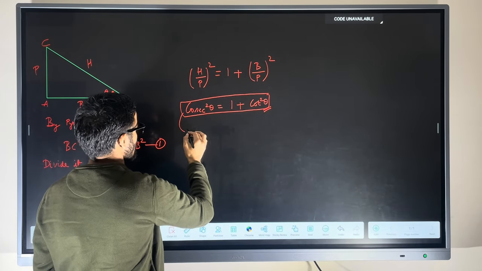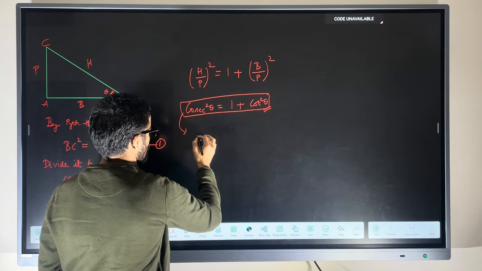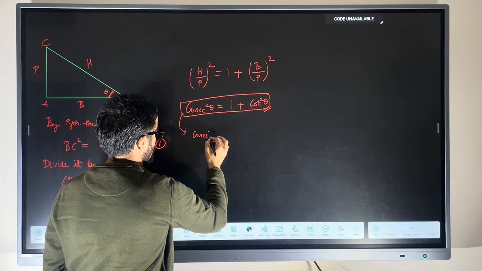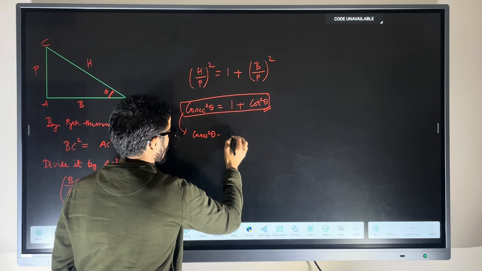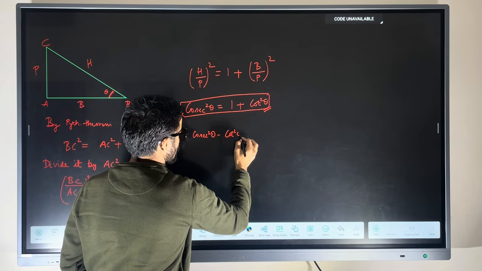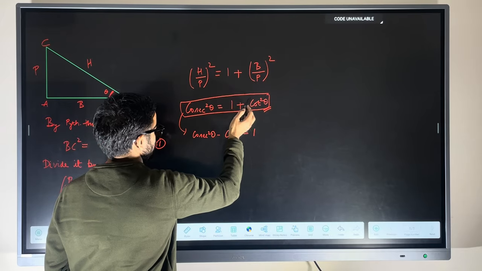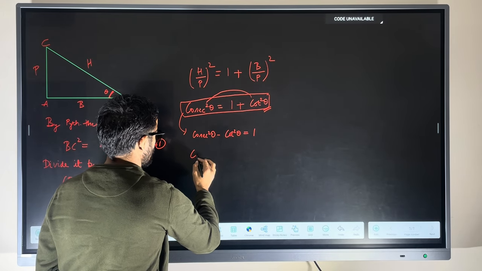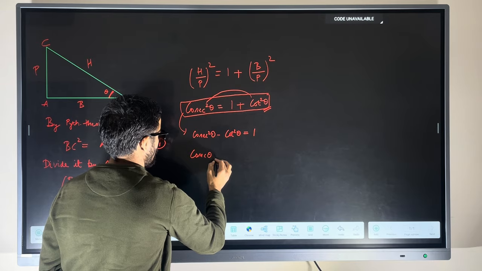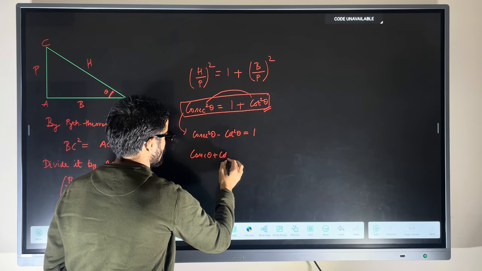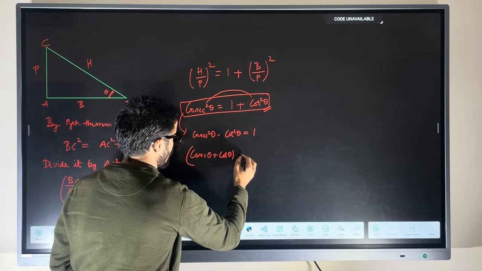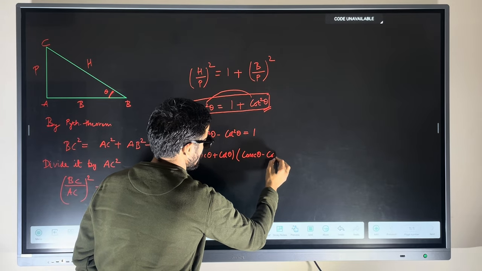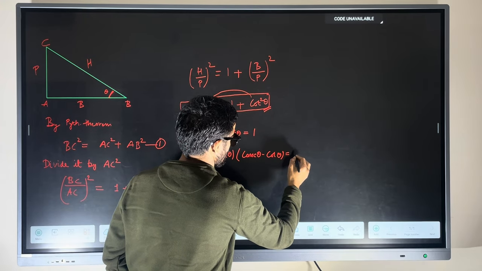We can also change it like cosec square theta minus cot square theta is equal to 1, as cot square theta came here. Now break it: a square minus b square will be a plus b into a minus b is equal to 1.